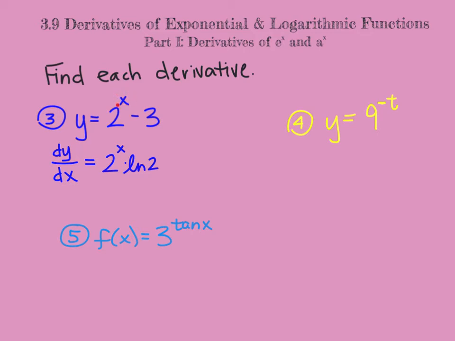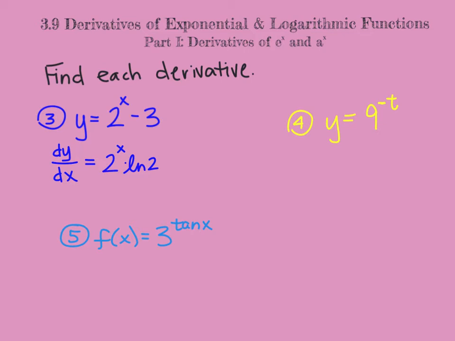Is what's up here in the exponent, does it have a derivative other than 1? If we multiplied by the derivative of x, it's just times 1. So we don't really need to use the chain rule there because this is just a simple x up here. Then we want to take the derivative of minus 3, which is minus 0. So we don't need to write anything here. So this is our derivative for number 3.